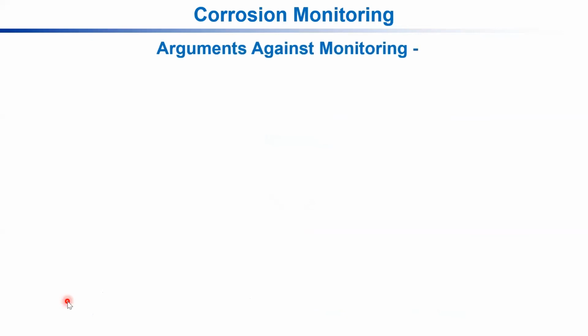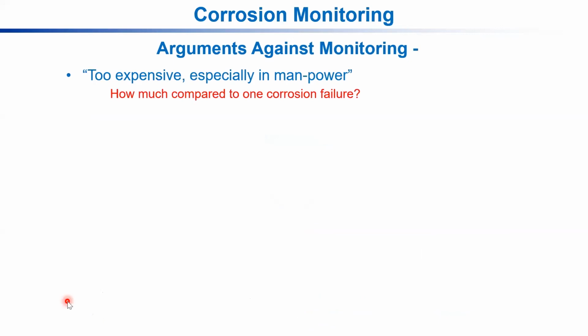Now, arguments against corrosion monitoring. Well, some people say, I'm not going to do corrosion monitoring because it is too expensive and it is manpower. How much compared to one corrosion failure? Well, think about that.